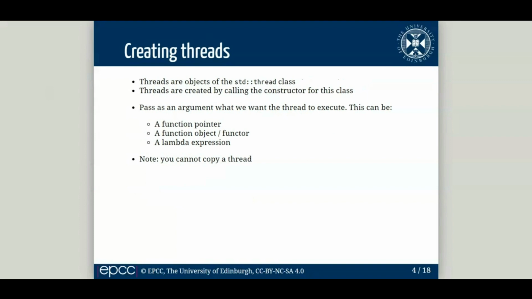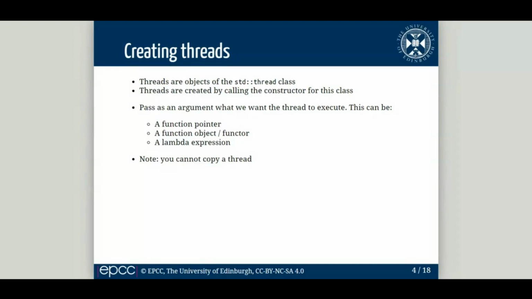So to create a thread, threads are objects of the standard thread class, and these are created when we call the constructor of this class. When we call the constructor, we will need to set the function that the thread will execute. At this point, this is similar to POSIX threads.